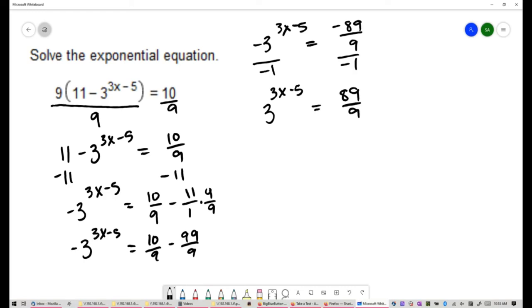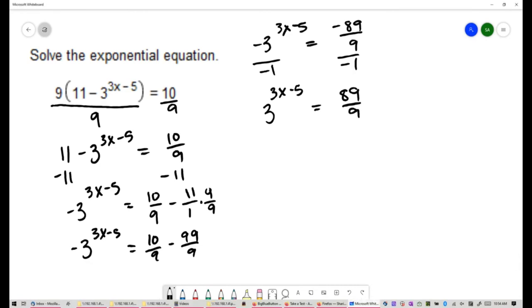So now we can use one of our techniques for solving exponential equations. There are 3 that I keep in mind all the time. Making the bases the same, which we're not going to use on this example. Converting to a logarithm, or taking the log of both sides are both options in this example.